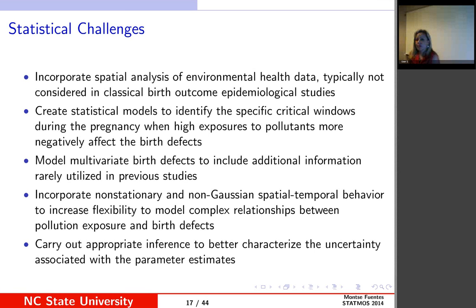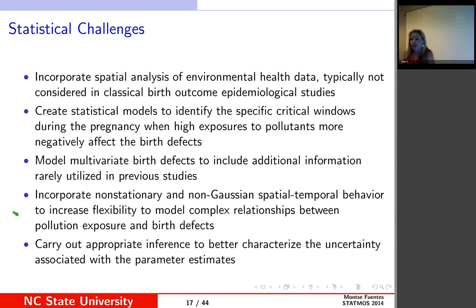And we want to be able to understand this type of association between exposure to air pollution and the adverse health endpoint, how that association could change across space and time. So we want to introduce a lot of flexibility in how we are able to model that type of relationship between air pollution and the adverse health endpoint, introducing a general statistical model that would allow us to characterize how that association changes, maybe in a very heterogeneous way across space, keeping in mind that the geographic domain of interest is very heterogeneous.